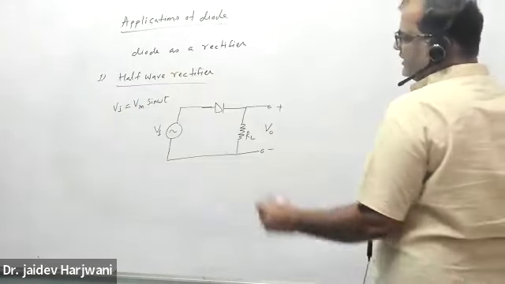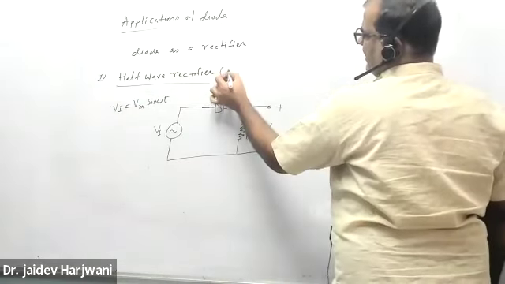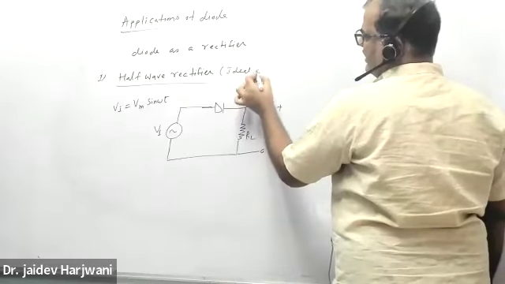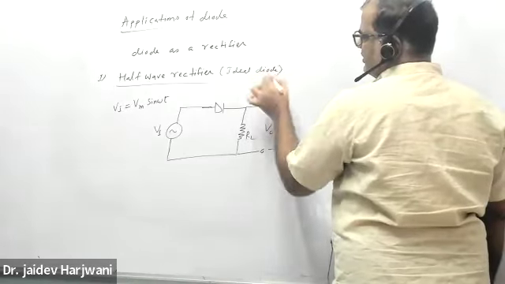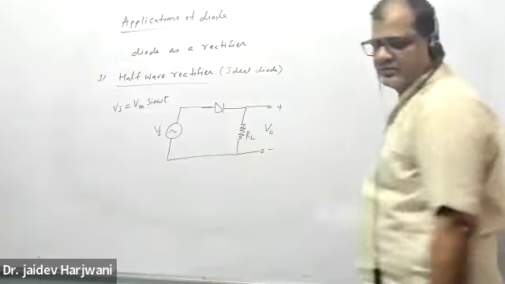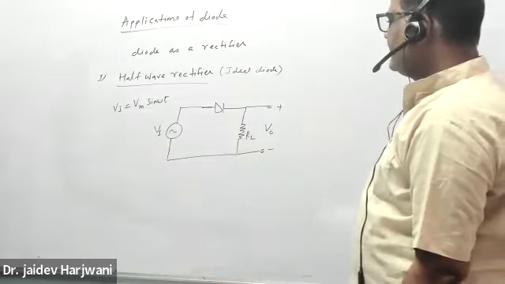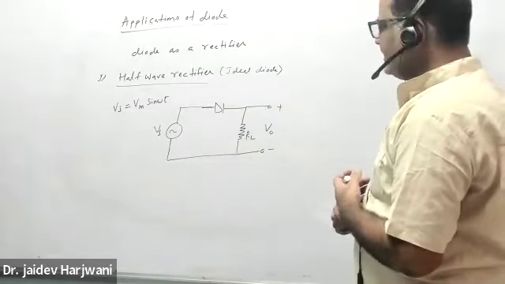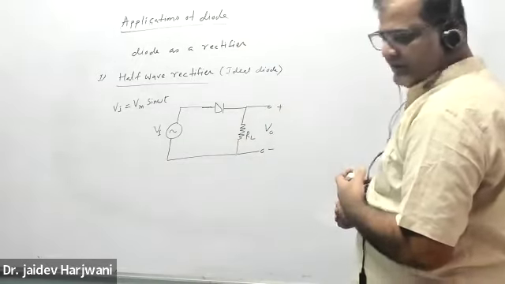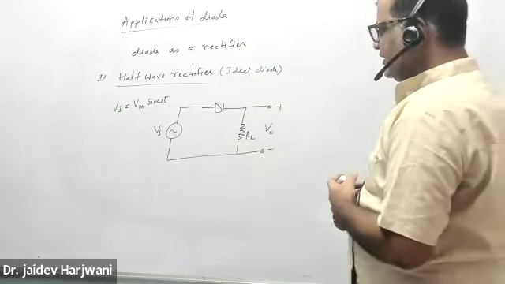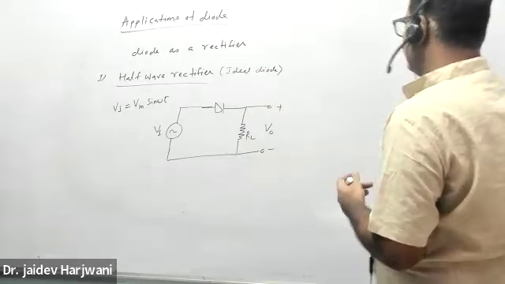Now the diode is an ideal diode. We are considering so far, we'll consider ideal diode case only. So ideal diode, whenever it is forward bias, it will be replaced by a short circuit. And if it is reverse bias, it will be like an open circuit.